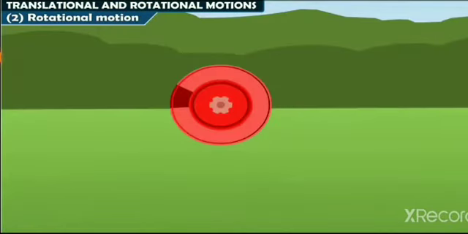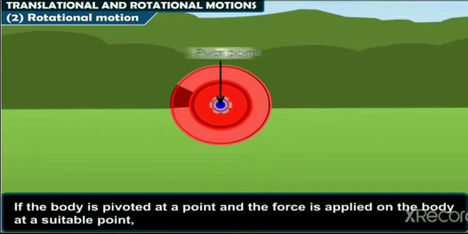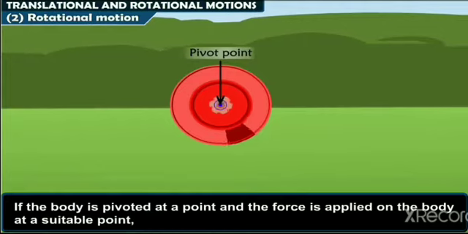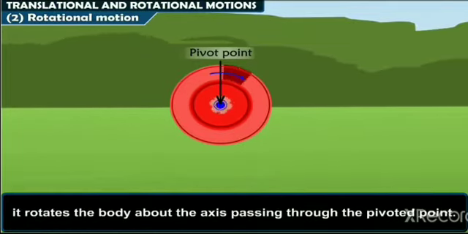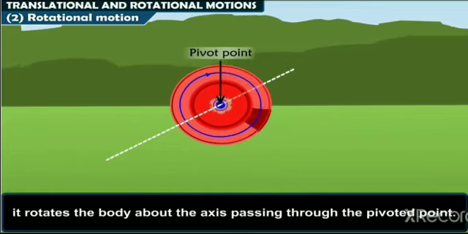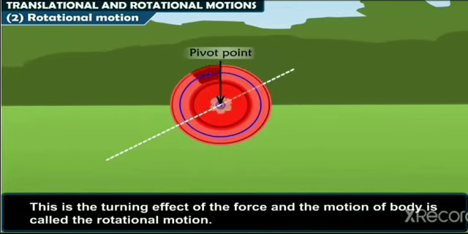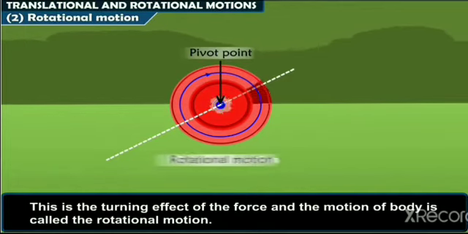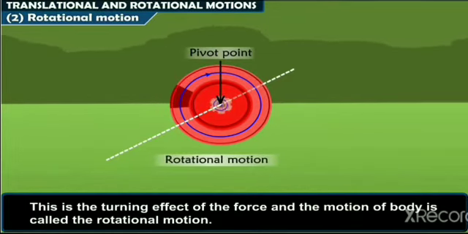2. Rotational motion. If the body is pivoted at a point and the force is applied on the body at a suitable point, it rotates the body about the axis passing through the pivoted point. This is the turning effect of the force, and the motion of body is called the rotational motion.